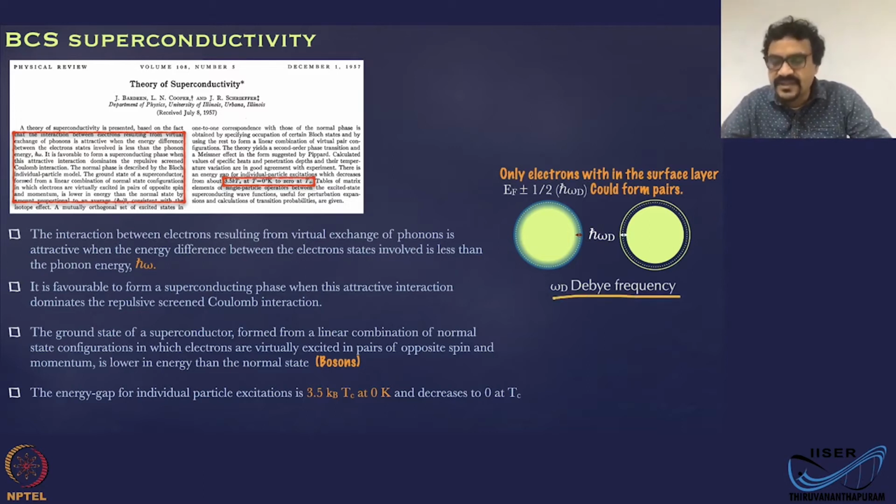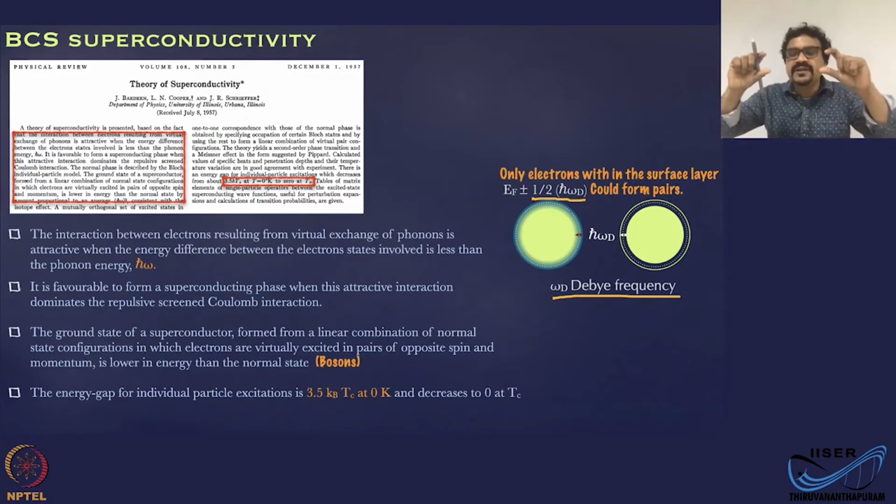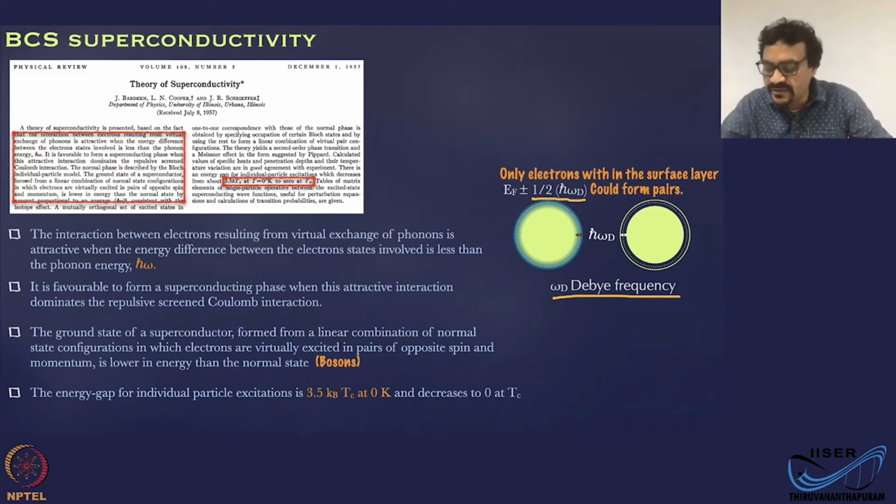So the states near the Fermi energy, on either side of the Fermi energy, which are covered by half h bar omega d, in that window will combine and condense onto the Fermi energy EF.